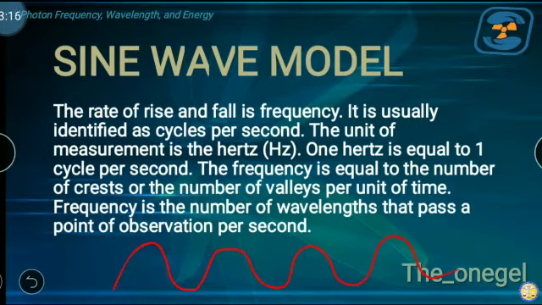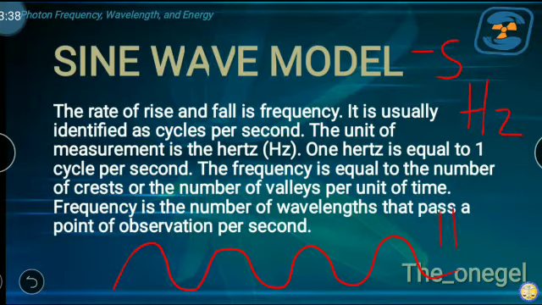It is usually identified as cycles per second. So the unit of measurement is in terms of hertz. So either you use cycle per second, or the hertz, parehas lang yun class. So 1 hertz is equal to 1 cycle per second.